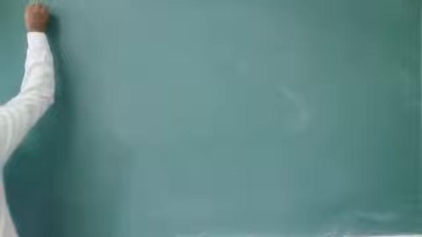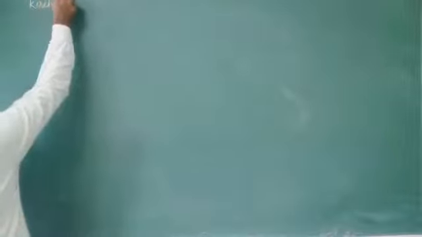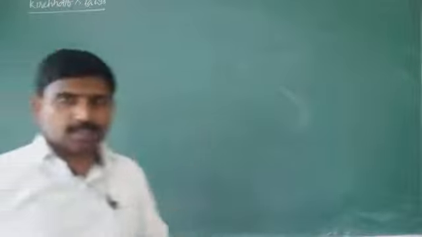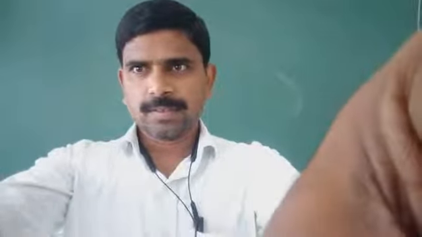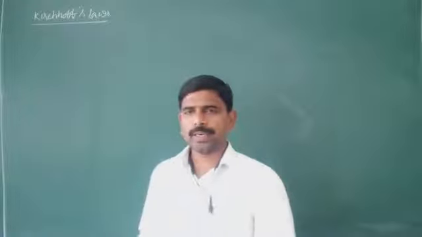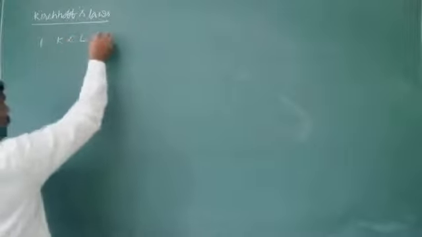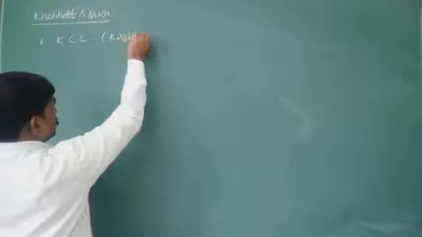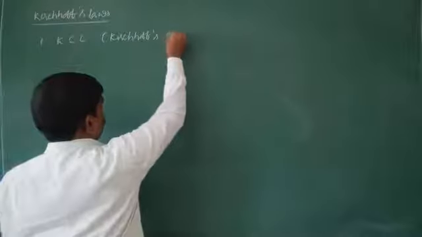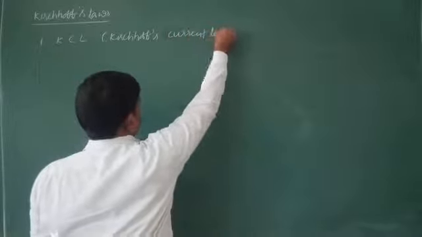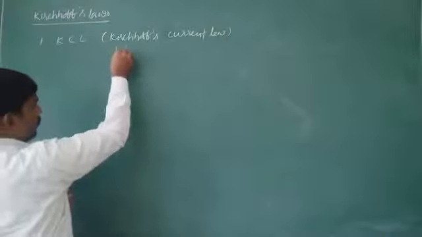Kirchhoff proposed two rules. The first one is the Kirchhoff current law, which we call KCL, also called the junction law.